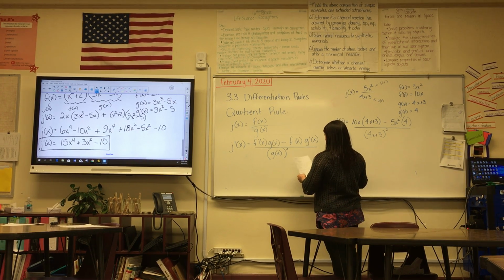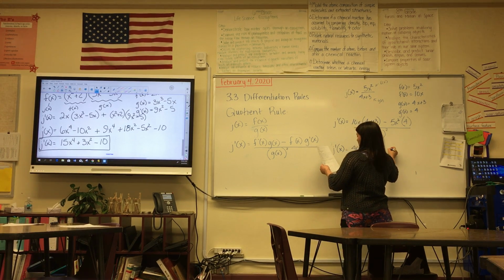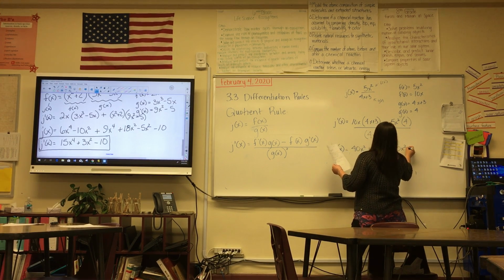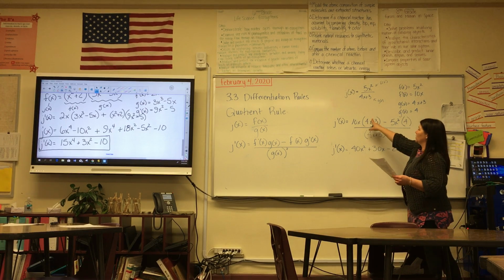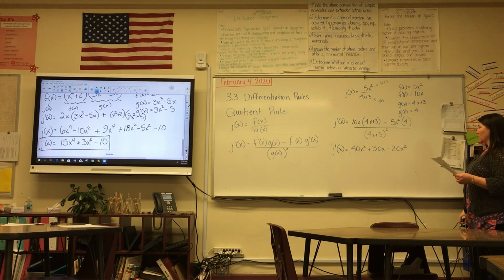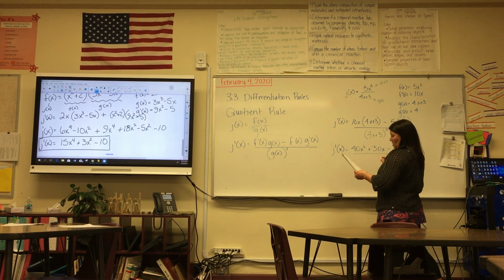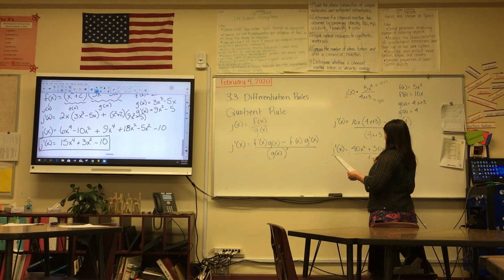I sort of had to go down a rabbit hole here. This ended up being 40x squared plus 30x minus 20x squared. I just distributed the 10x and then subtracted 20x squared, divided by 4x plus 3 squared.